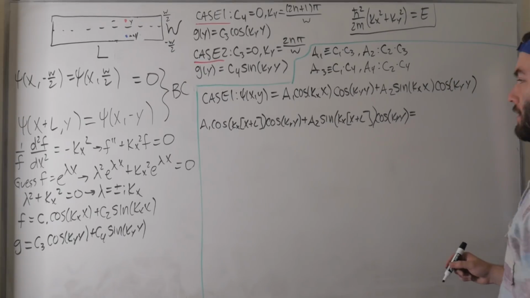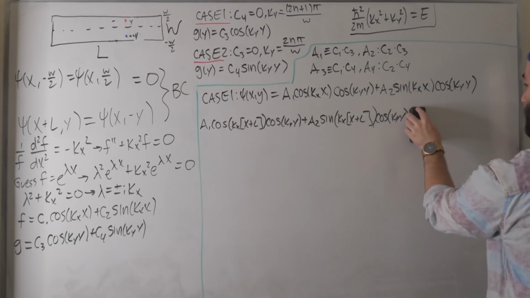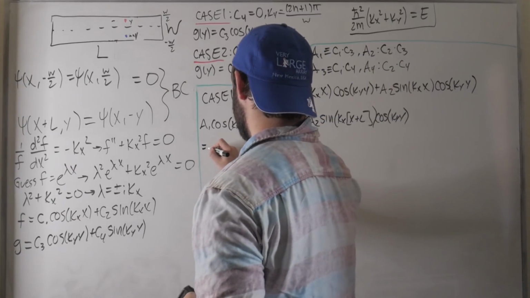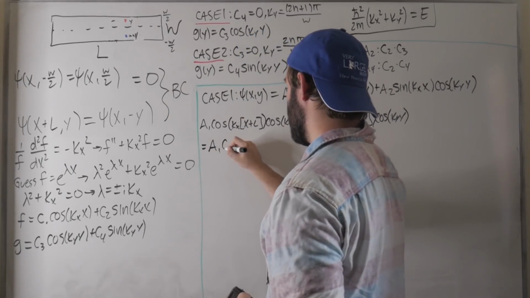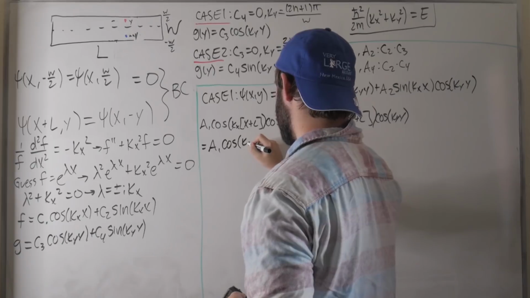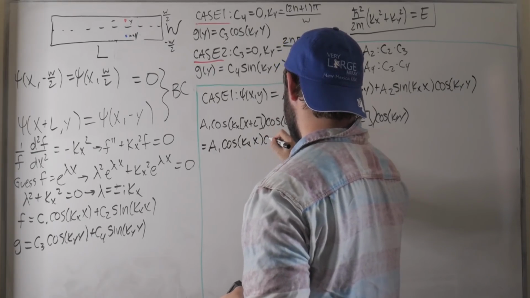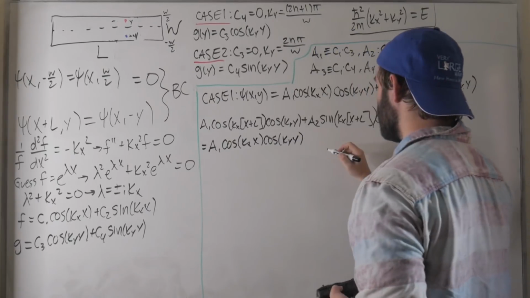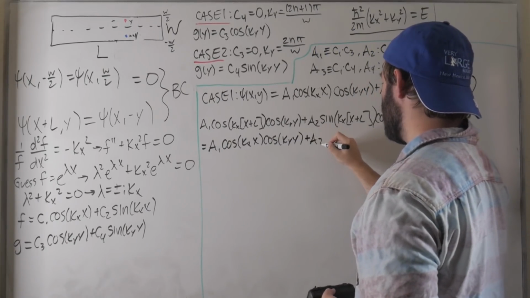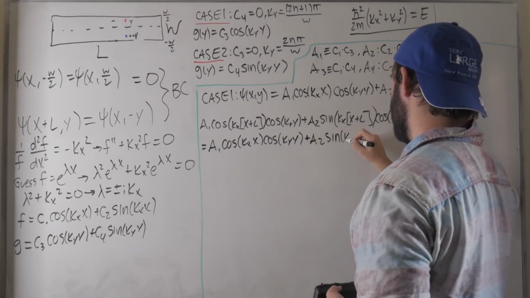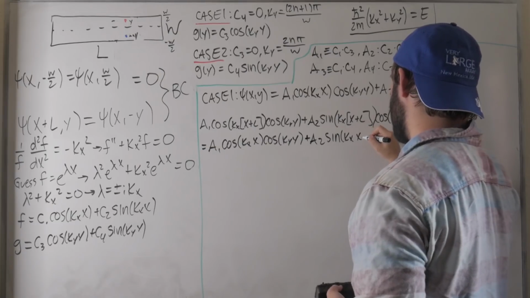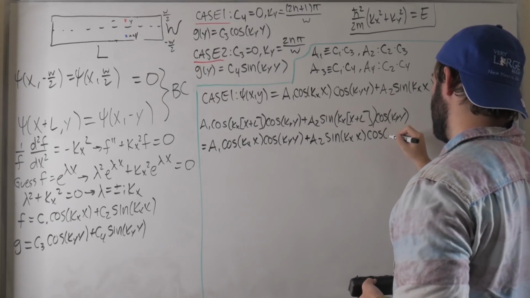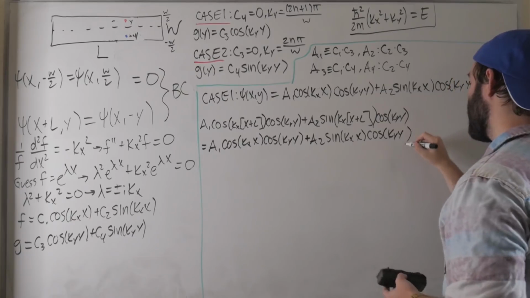So this is just going to be equal to a1 cosine kx x cosine ky y plus a2 sine kx x cosine ky y.